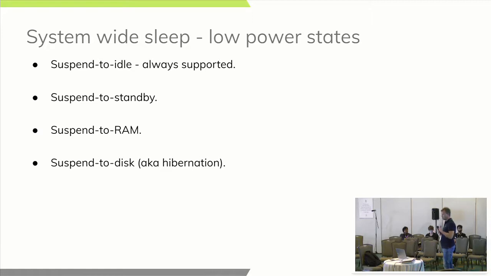Suspend to disk is when you take a snapshot of your system, store it in an image, and then close down the system entirely. The next time you wake up, you look at this image and try to restore the state of the system. There are some more complicated things going on there, but let's focus on suspend to idle and suspend to RAM during this session.